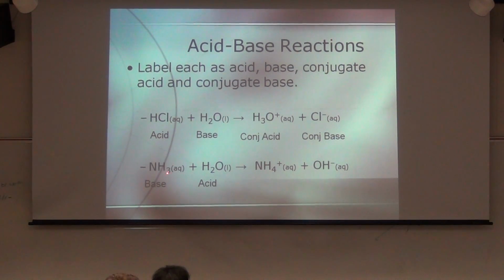And our hydrogen acceptor, our base, is the NH3. Our conjugates, what used to be the acid, becomes the base. Acid becomes conjugate base. Base becomes conjugate acid. So who gained the hydrogen? That's going to be our conjugate acid. Who lost it? He's our conjugate base.